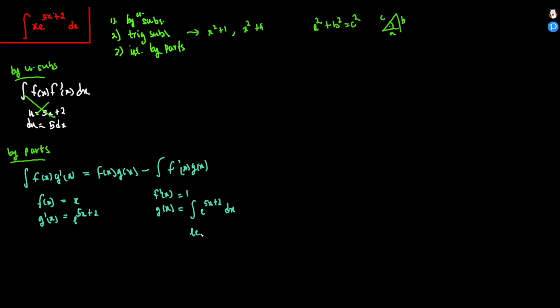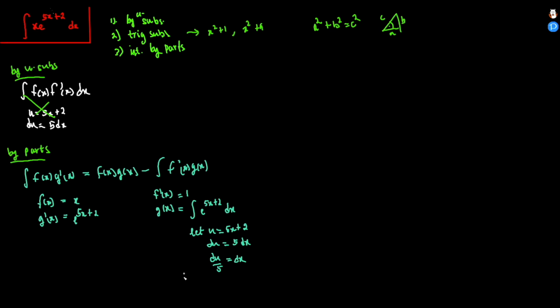So we'll let u equal 5x plus 2, and then du equals 5 dx, and then du over 5 equals dx. Then we just substitute this back in.